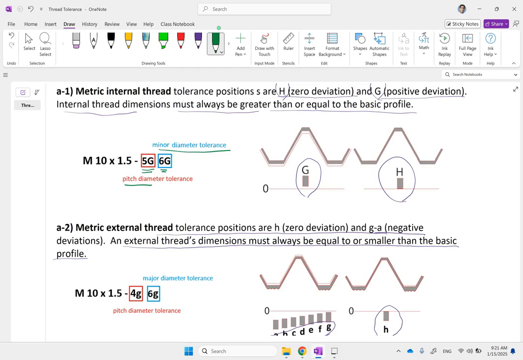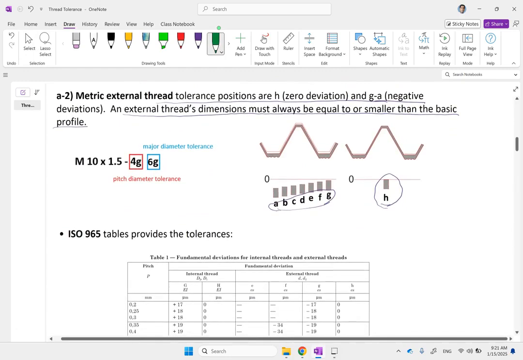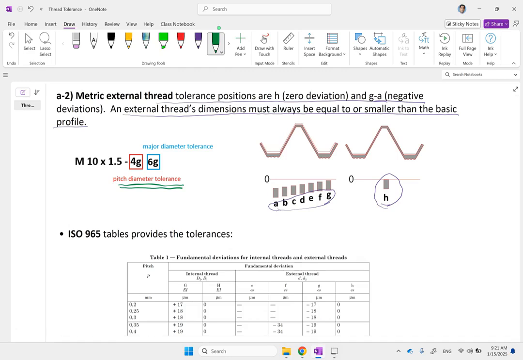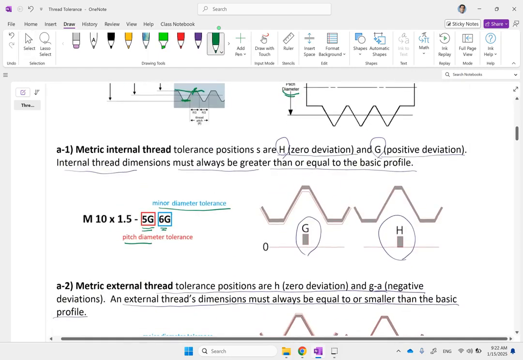For the minor diameter of the internal, which is the smaller one, you have to use the class 6G. On the other hand, if it's an external thread, the first number is again pitch diameter, so pitch diameter of external is 4G in this case, but the major diameter of it is class 6G. So pitch and major for external, pitch and minor for internal.